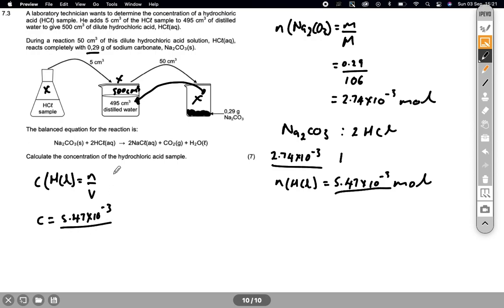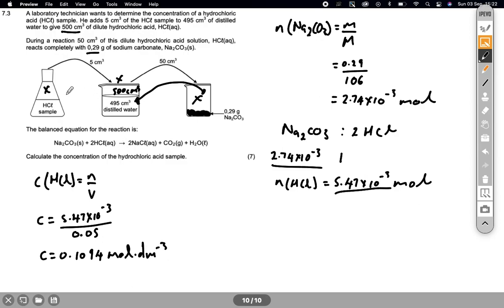But now remember, our volume was 500 centimeters cubed when we added the HCl. And we have to write this in standard units, so we have to write it in decimeters cubed. So the concentration would be 0.1094 moles per decimeters cubed.